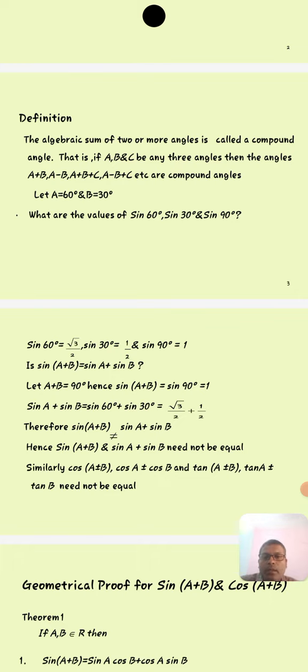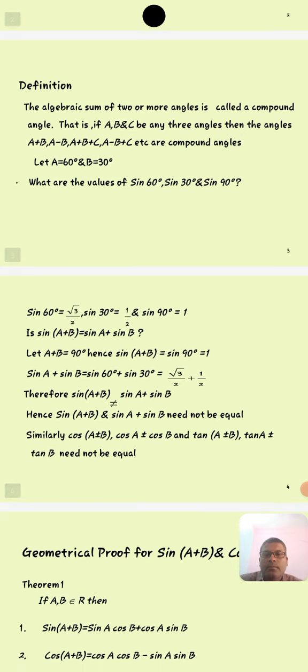If you don't know that, once again observe that table. Here, sin 60 degrees is equal to root 3 by 2. Sin 30 degrees is equal to 1 by 2, and sin 90 degrees is equal to 1. Is sin of A plus B equal to sin A plus sin B?